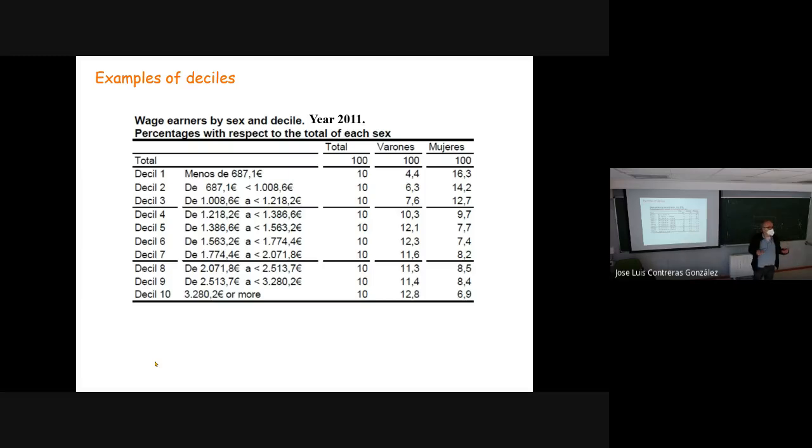The interesting point for me about this is that this is data that summarizes very well what is happening, and this is provided by the ministry each year. This is called the Encuesta a la Población Activa, I think, and it's provided by the Ministry of Economy each year. And I think it helps to see what is a decile.